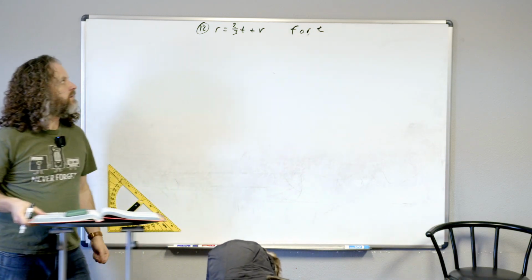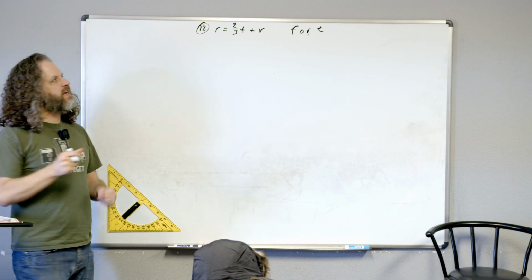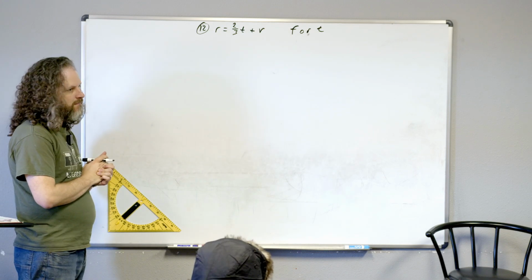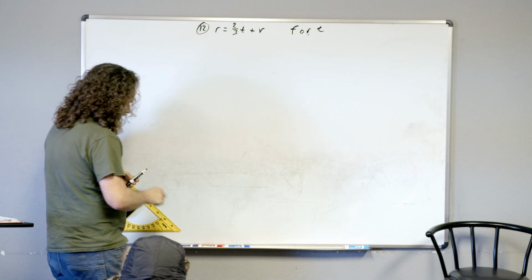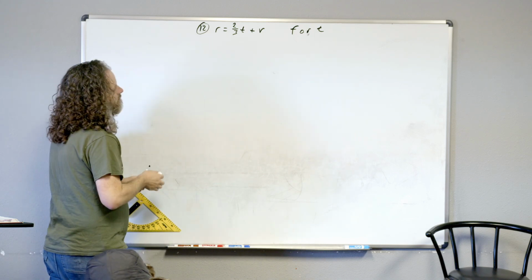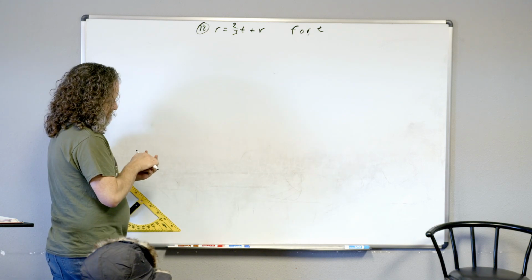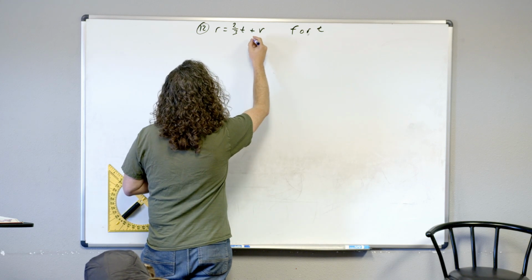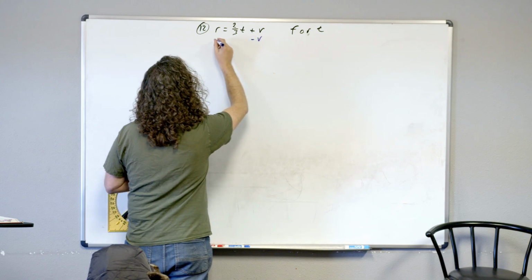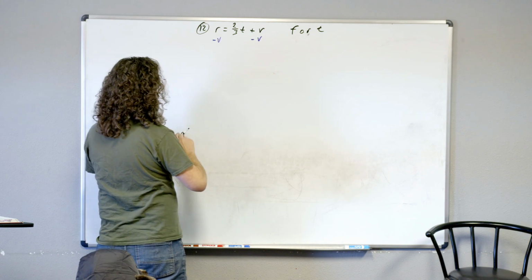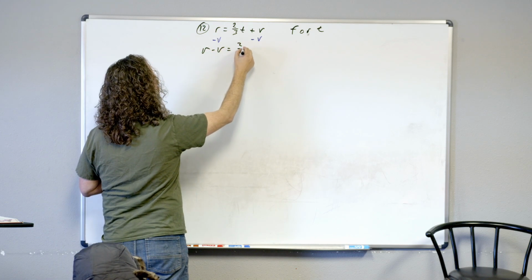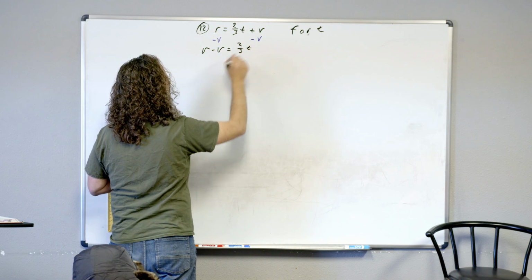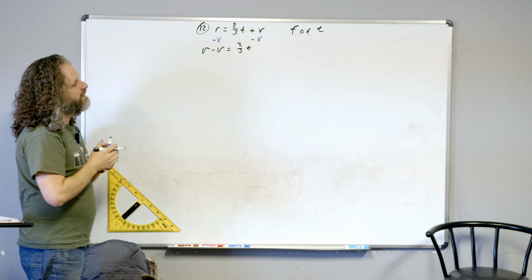So, got to get all the junk off of the T. So what should we do? Subtract the V. Sounds great. So we've got R minus V equals 2/3 T. Excuse me. Now what do we need to do?